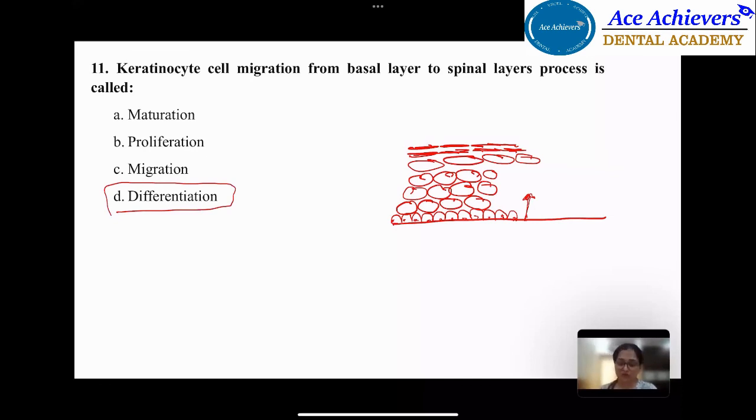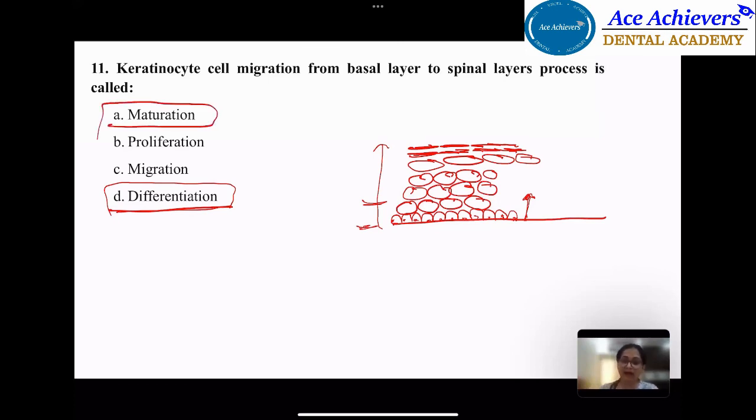So when the cell moves from the basal layer to the immediate next layer, it will lose its stem cell potential and take up the next function. The whole structure will change. This process is known as differentiation. But if the question had asked about keratinocyte migration from the basal layer to the topmost layer, the corneum, this is known as maturation.